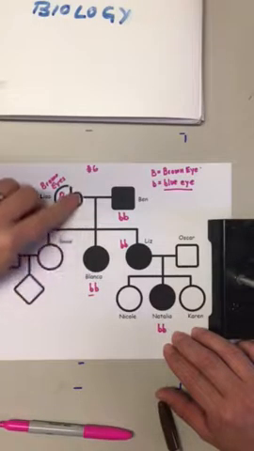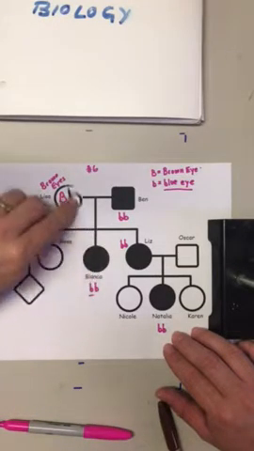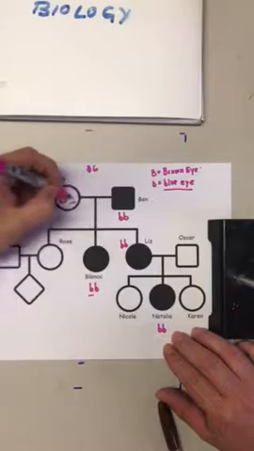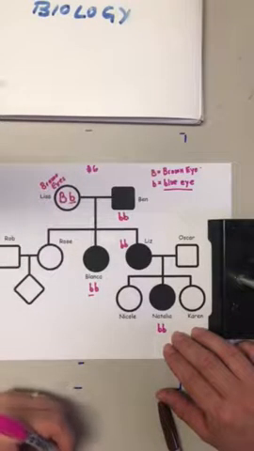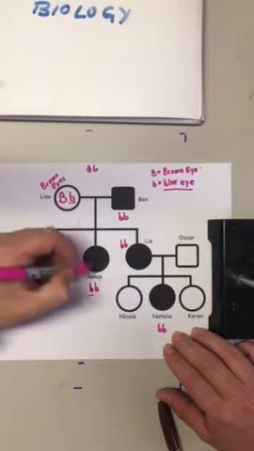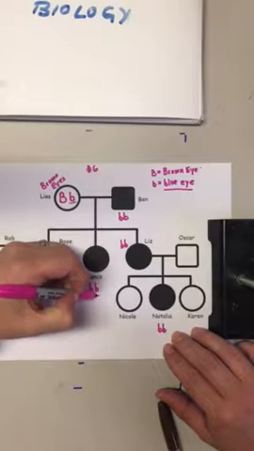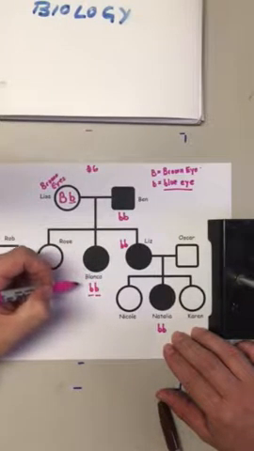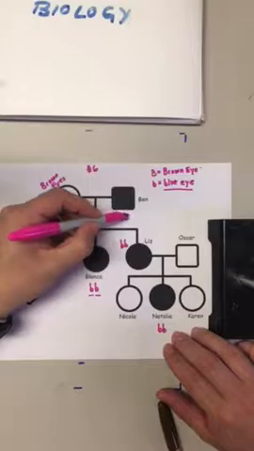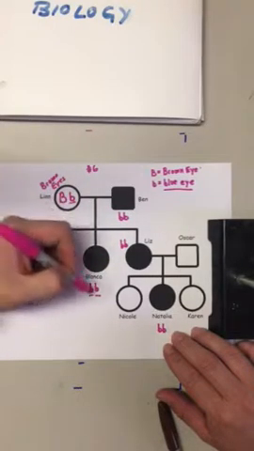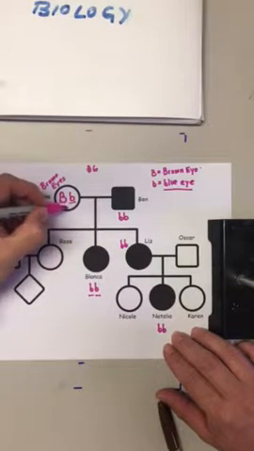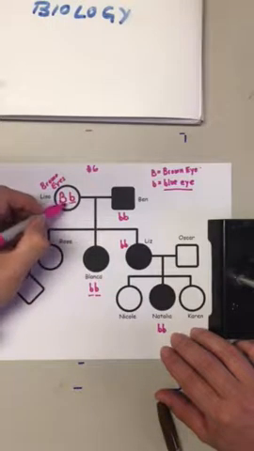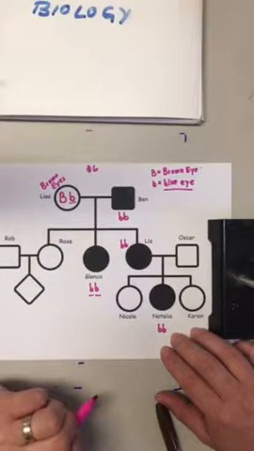So you have to assume that Lisa has one of those, because she would need one in order for Blanca to have 2 little b's, 2 recessive genes. So we know Ben, dad, gave one, and mom has to give the other. Therefore, we can determine that Lisa is heterozygous.